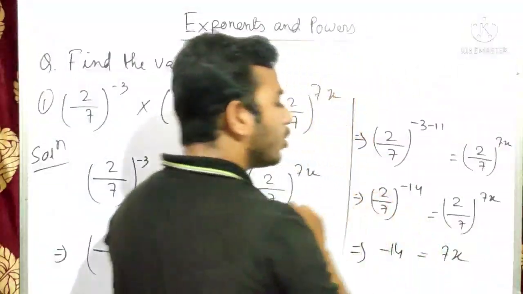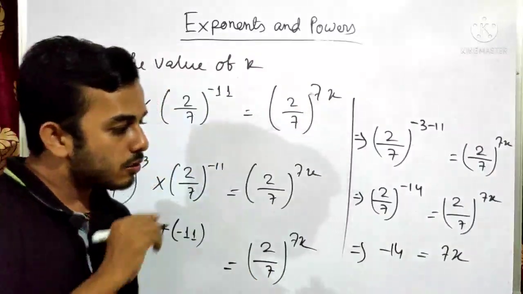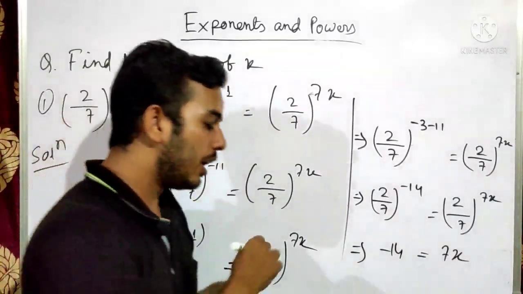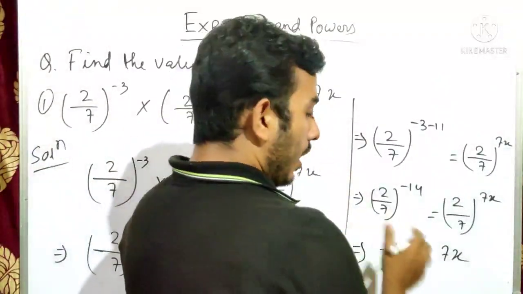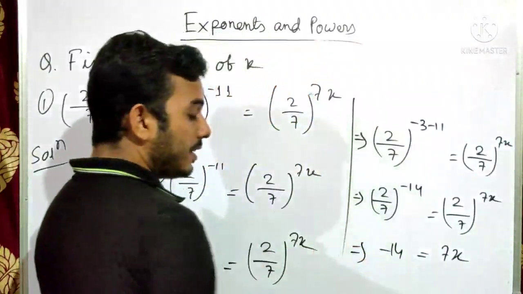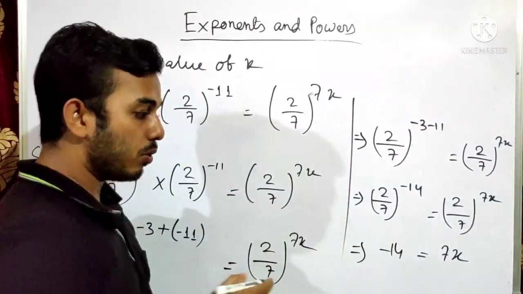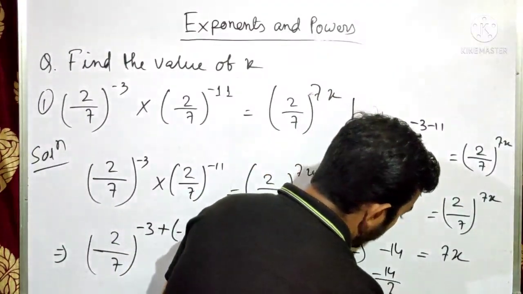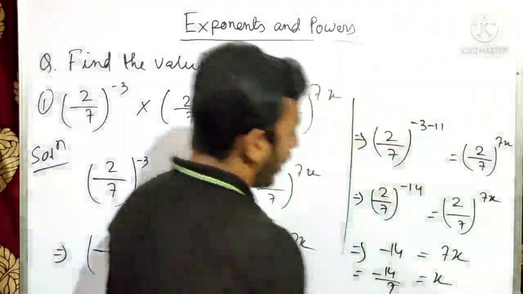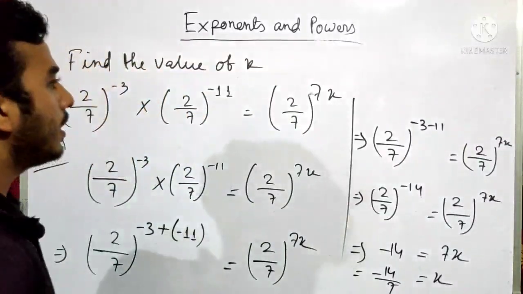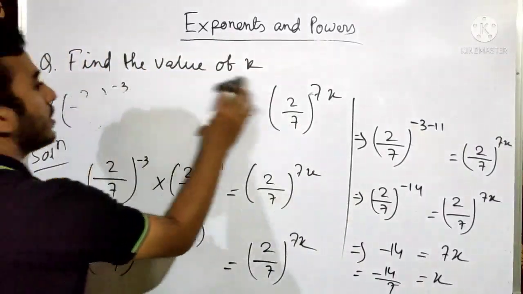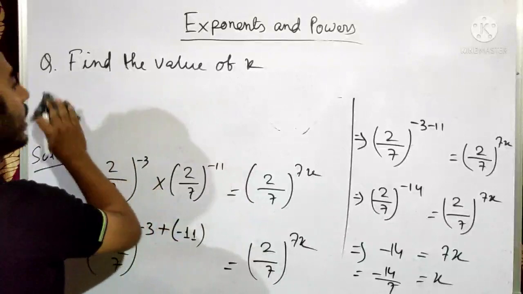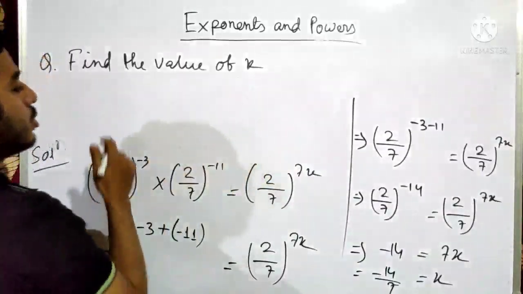Now we have to find out the value of x, isn't it? So we will change the side of 7. Here 7 is multiplied, so when you change the side, it will be divided. So it will be minus 14 by 7 equals x. Now if we divide minus 14 by 7, the result will be minus 2.